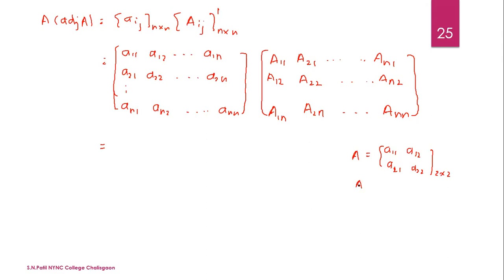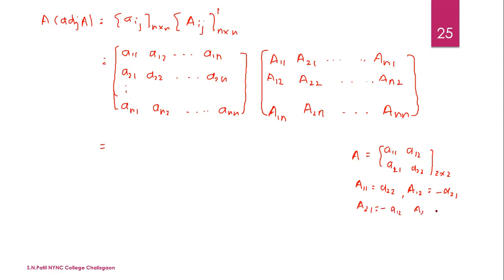First we calculate the cofactors. The cofactor of the element A11 is A22. For A12, deleting its row and column, we get minus A21. For A21, deleting its row and column, we get minus A12.